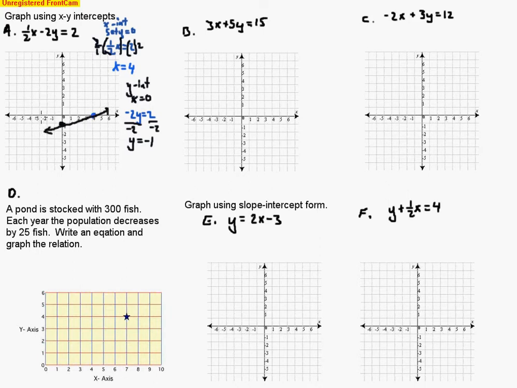Well, here's another example. Again, when we're trying to find that x-intercept, all we're going to do is cancel out the y term. So for the x-intercept, we're going to set y equal to 0. So it cancels out that y term, so all we're left with is 3x equals 15.